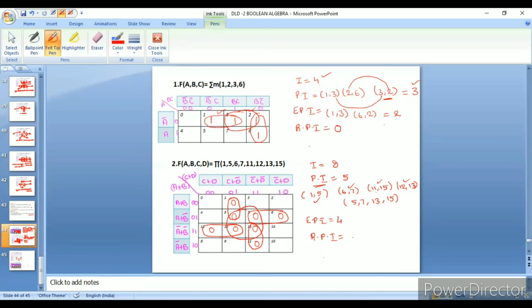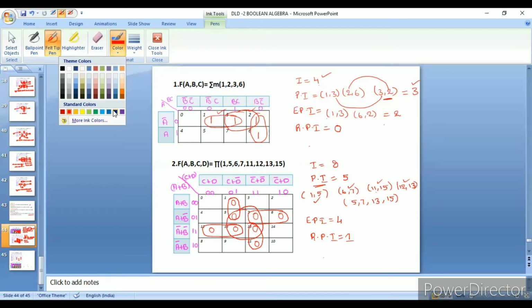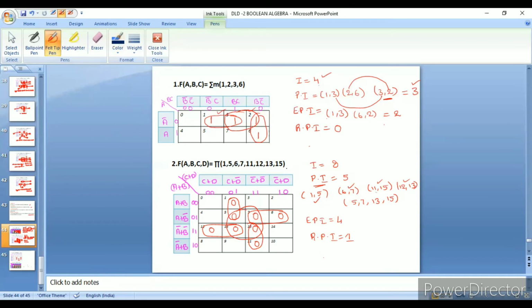So now how many redundant prime implicants are there? 1. Because if you observe, mainly here the 5 and the 7, 15 and 13, with the help of these minterms, are essential prime implicants only.